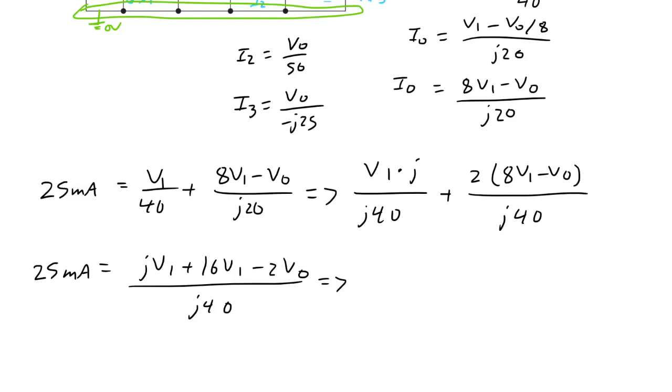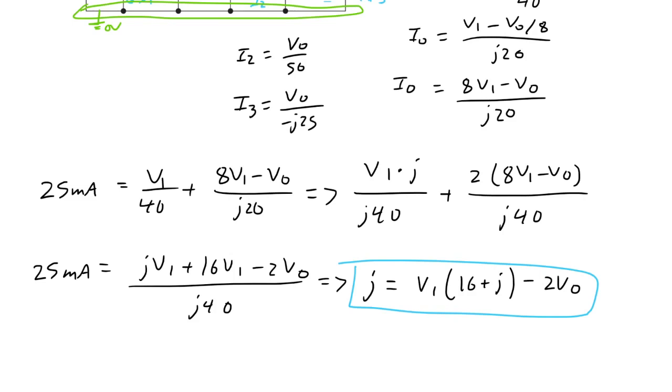So it's going to be J equals V1. I'm going to factor out the V1, 16 plus J, sorry, plus J, minus 2VO. So I'm going to have this as my first equation, and we're going to relate this to the second equation and solve.